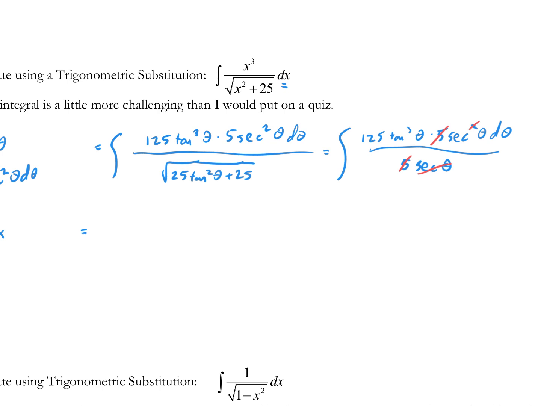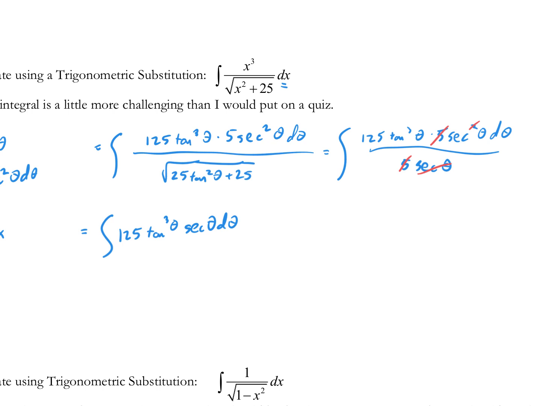So let me rewrite what we have left in our integral at this point. We have the 125. I'll factor that out in the next step. We have a tangent cubed theta and a, whoops, not cosine, a secant theta d theta.